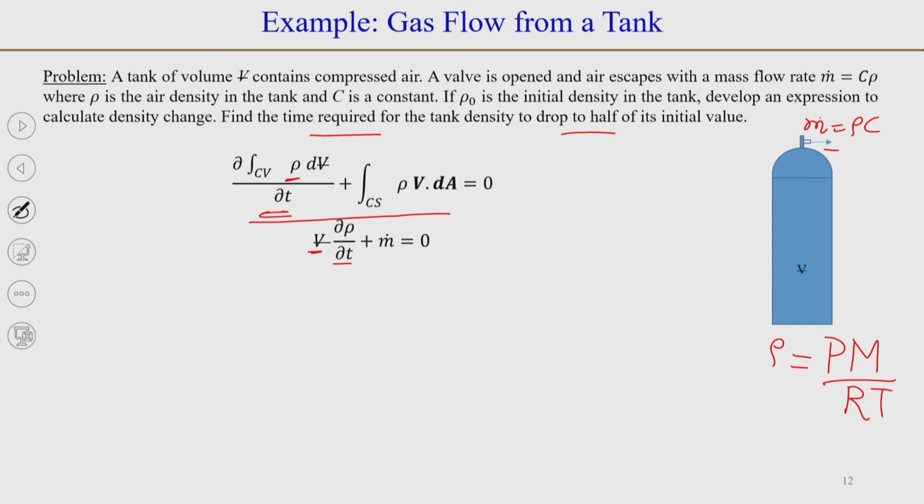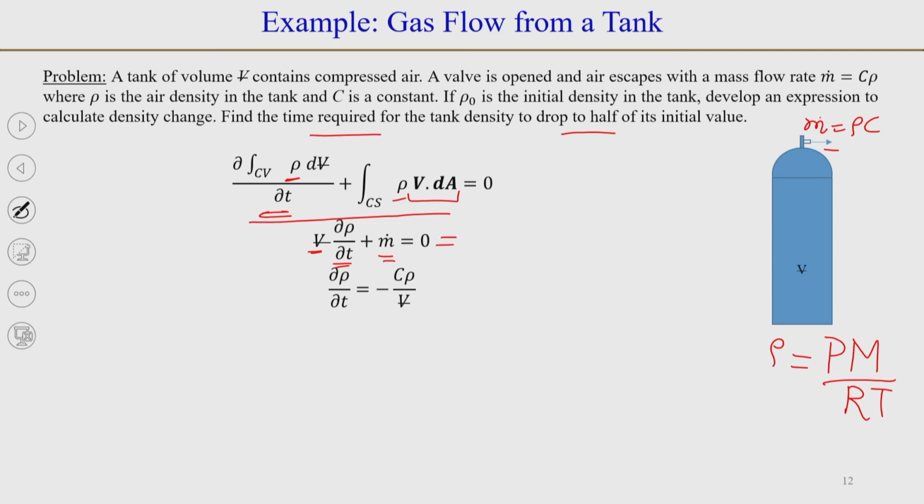and the flow is going out. So, this will be positive. And if we write it in terms of mass flow rate, because we have been given mass flow rate, V dot dA is volumetric flow rate multiplied by density. So, what we have is mass flow rate. So, this term becomes m dot. So, we can write V del rho over del t plus m dot, this is the equation. Now, we can substitute m dot is equal to rho into C and take it other side.